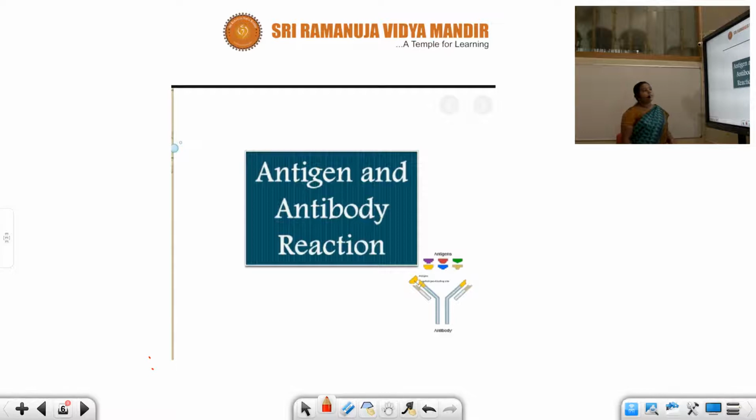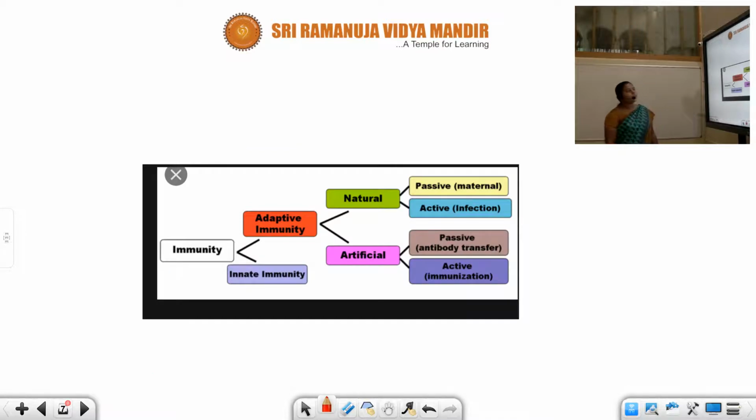Like the antigen-antibody reactions I just explained, right? Actually, the immunity we have in our body is of two types: adaptive immunity and innate immunity.